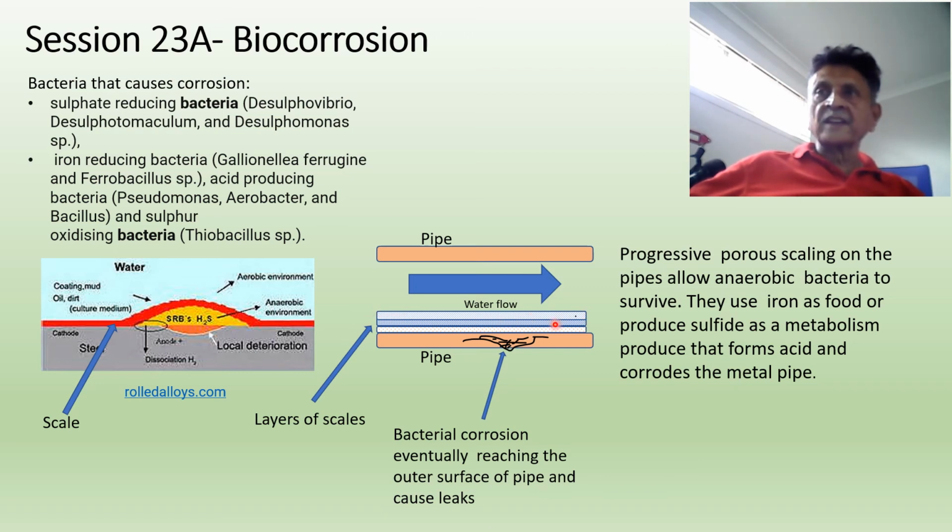No matter how many layers you have, you will note that bacteria can move in and out through the porous surfaces. So they are quite happy, they reside here happily.